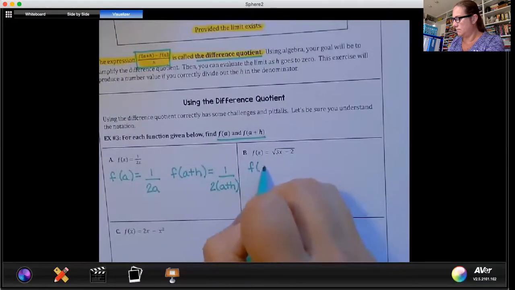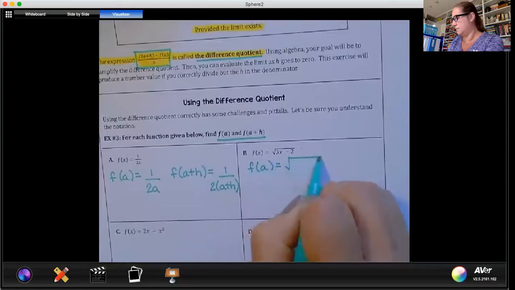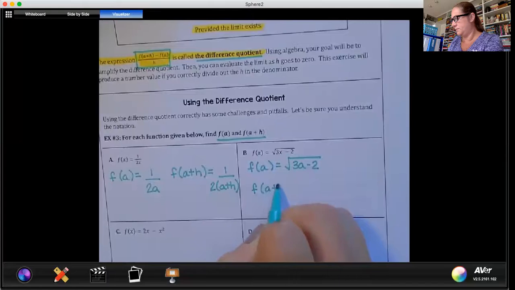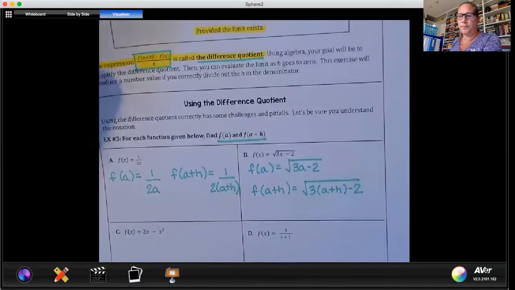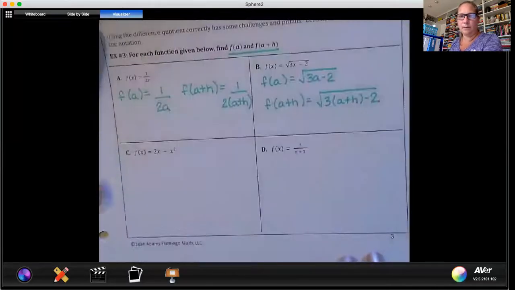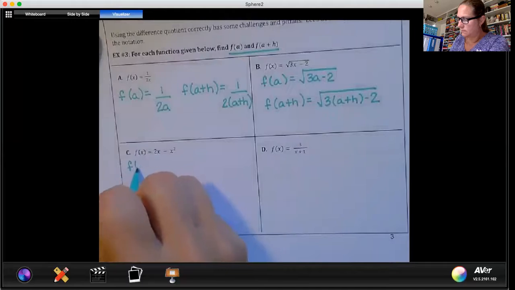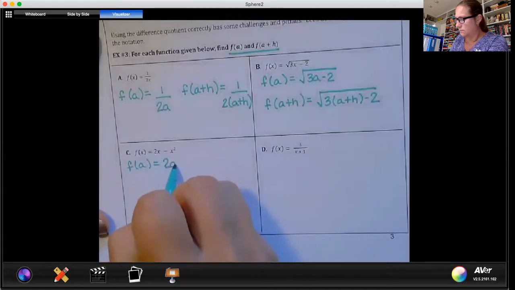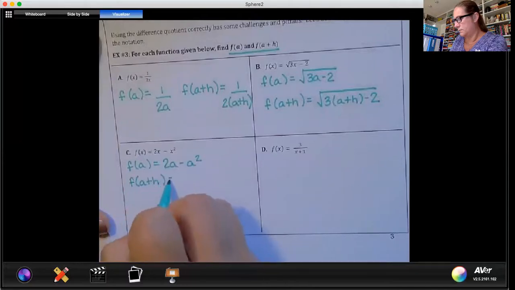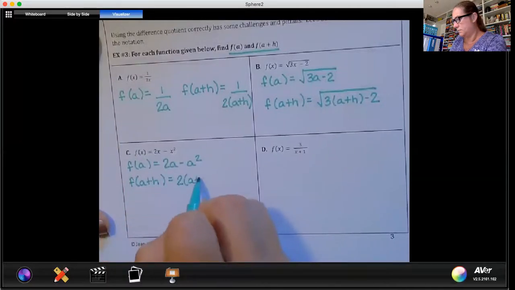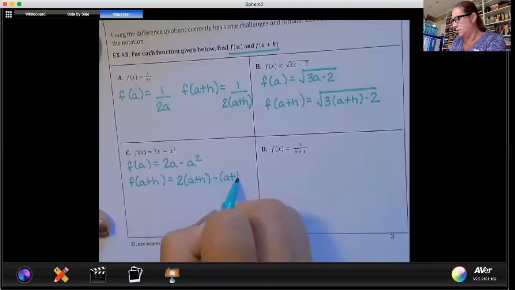Part B. Part C. And part C is going to need a little bit of simplifying here.